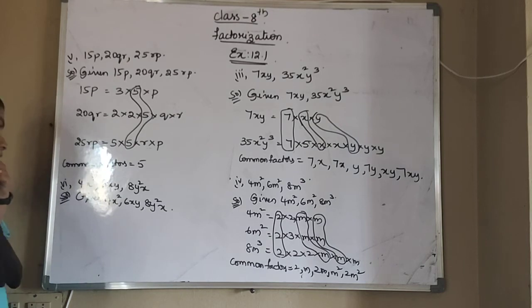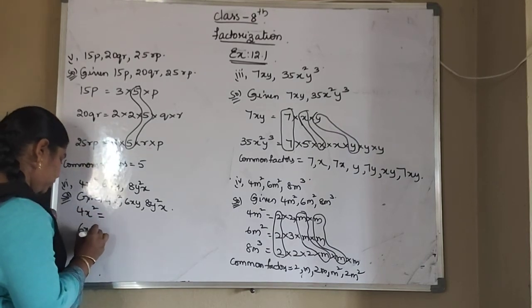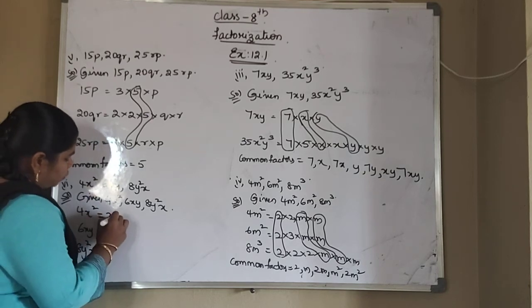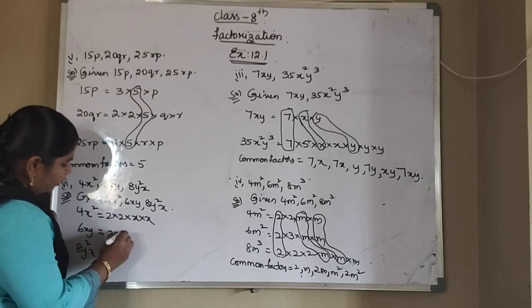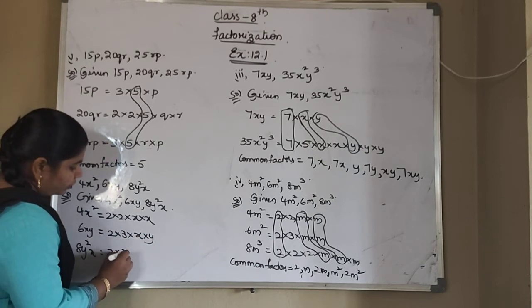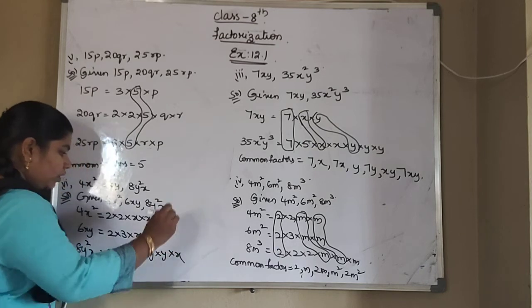What are the common factors here? Write individually now. 4x square can be written as 2 into 2 into x into x. 6xy can be written as 2 into 3 into x into y. 8y square x can be written as 2 into 2 into 2 into y into y into x.